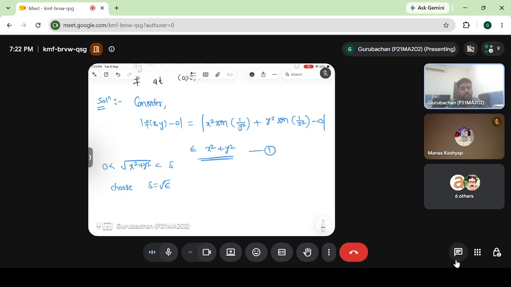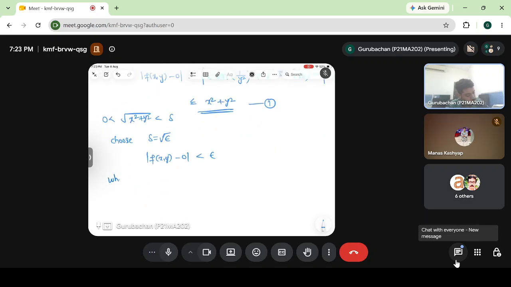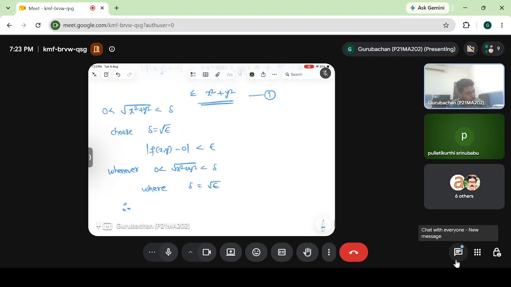It is delta square, so obviously delta should be root epsilon, so that we will get |f(x,y) - 0| less than epsilon whenever 0 less than root of x square plus y square is less than delta, where delta is equal to root epsilon. So therefore f is continuous at (0,0).